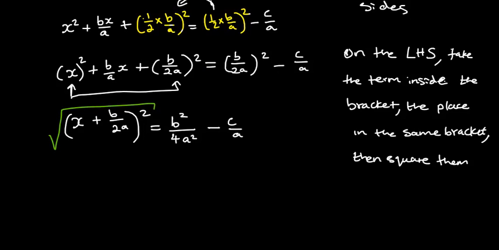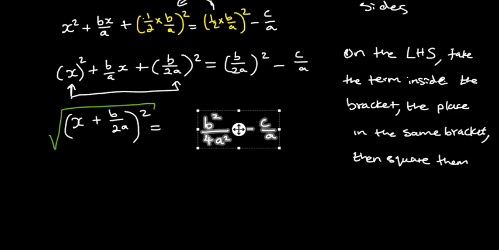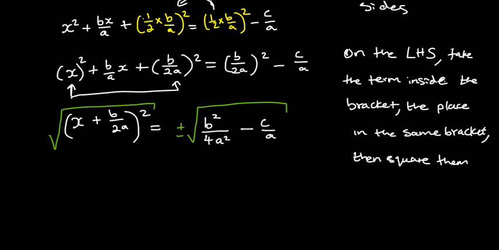Then on the other side, I'm just going to move it a little bit so that we can see what's going on. You also take the square root on that side, but you say plus minus, because every time you take a square root, you need to put the plus minus. Over this side, the square is going to cancel with the root.